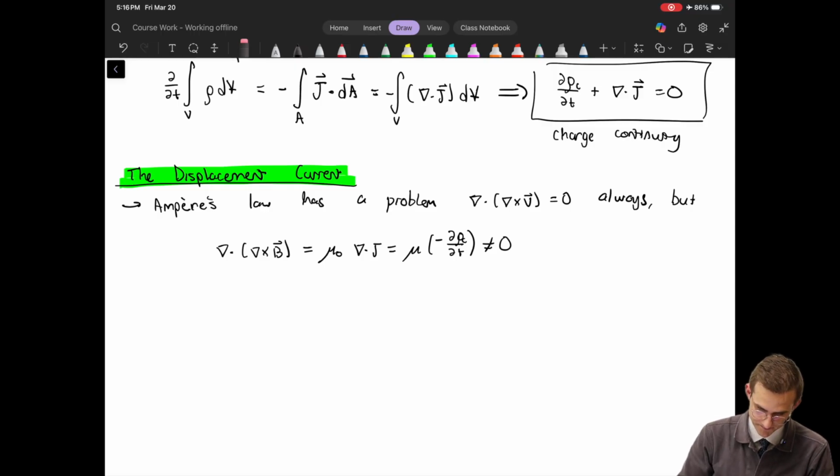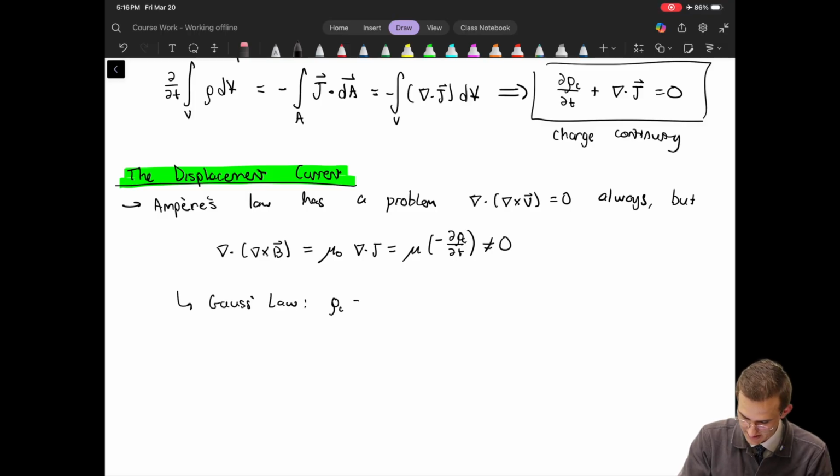Okay, so what we do is we say, if we look at Gauss's law, this tells us that the charge density, rho c, I'll just put the subscript on it for now, is equal to epsilon naught times the divergence of E. That's just rearranging for rho c.